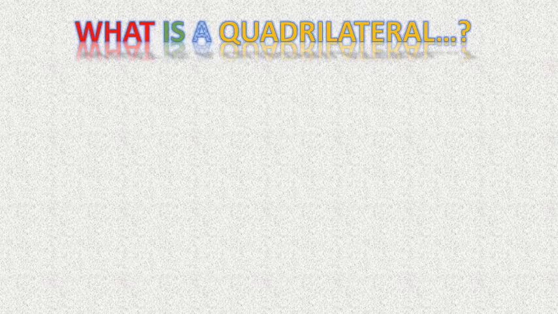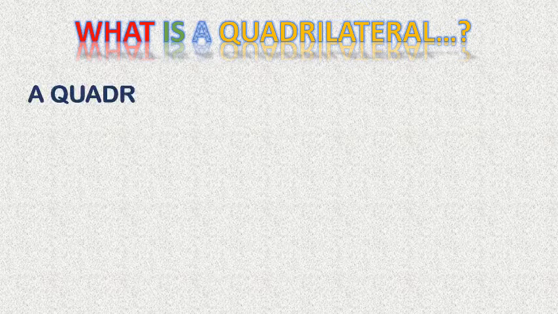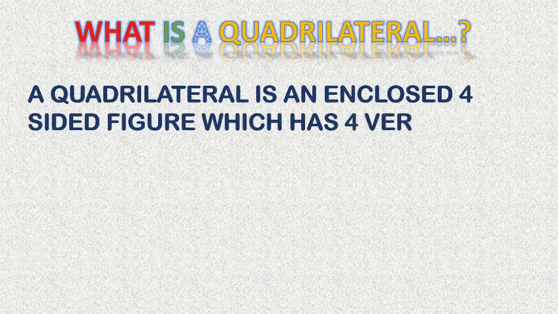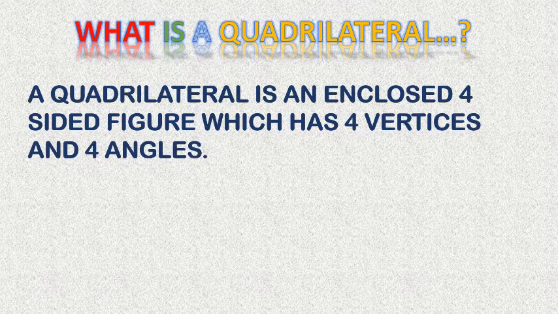In this slide, we'll understand what a quadrilateral is. A quadrilateral is an enclosed figure which has four sides, four vertices, and four angles. Let's understand this with the figure.